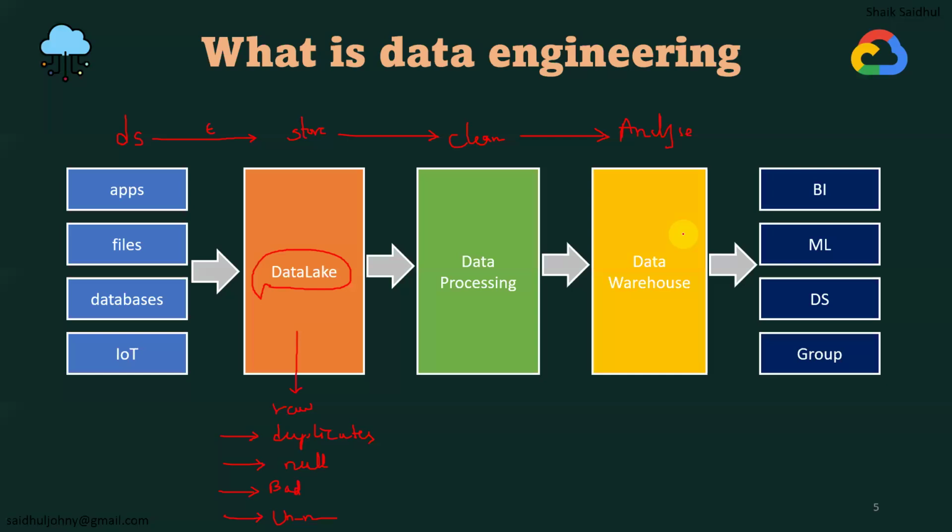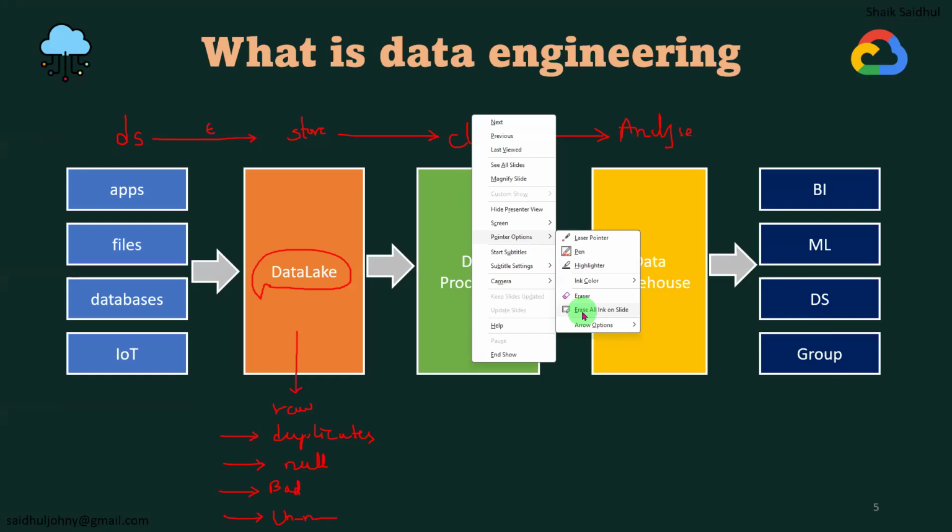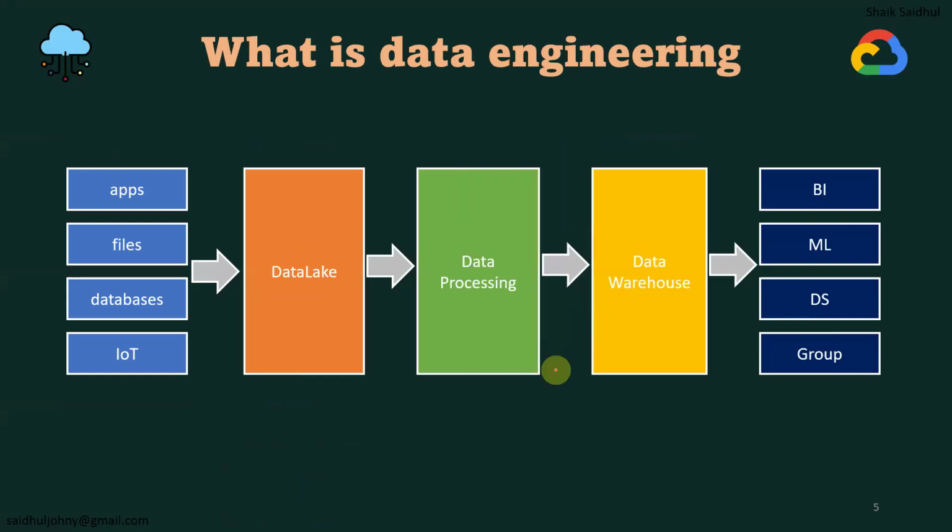Those tables are very important for the downstream teams. While you are working on this team, another team may be creating BI reports or dashboards, or ML models, or future trends, or a business manager may directly use this data to take a decision on top of it. So this is what data engineering is, guys, at a high level.